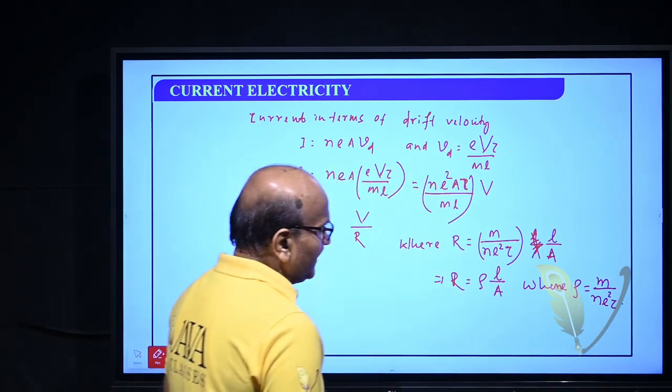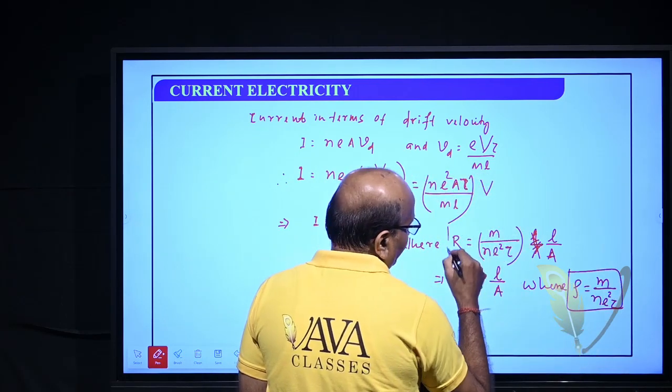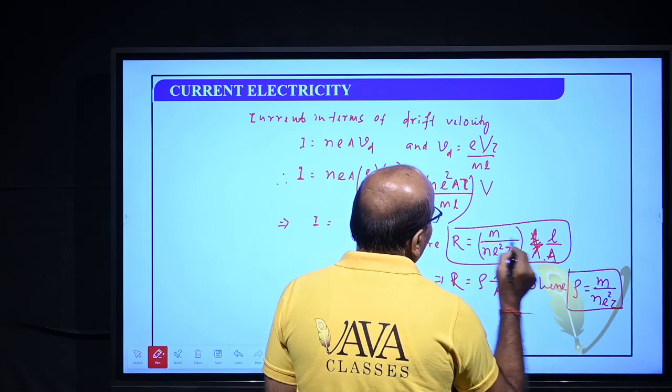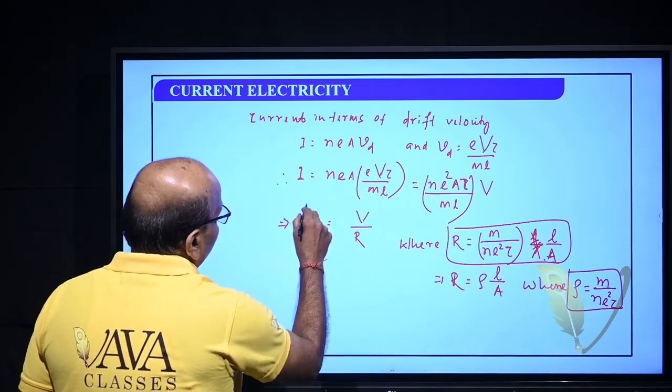So this is the expression of resistivity, this is the expression of resistance, and this is I is equal to V by R, which is Ohm's law.